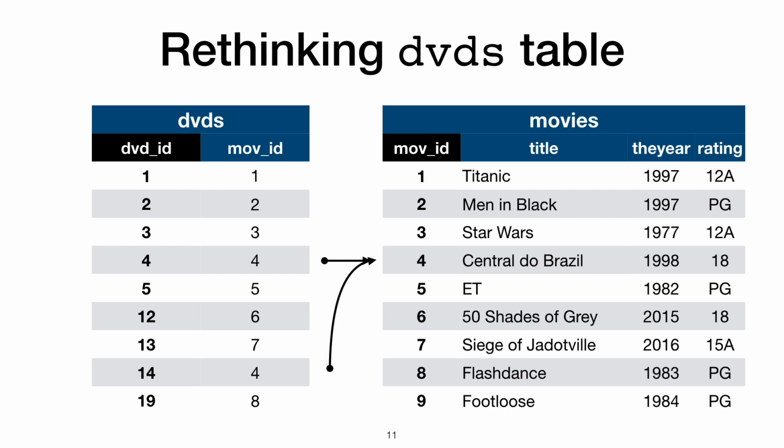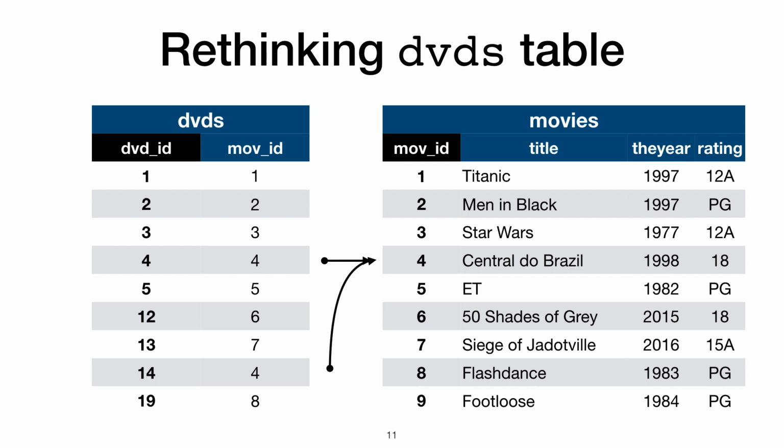And so we can see here that DVD 3 has movie 3 on it. So we can see then that disc DVD 3 has Star Wars on it. We can see that DVD 4 has movie 4 on it. That's Central do Brasil. And we can see that DVD 14 has movie 4 on it.